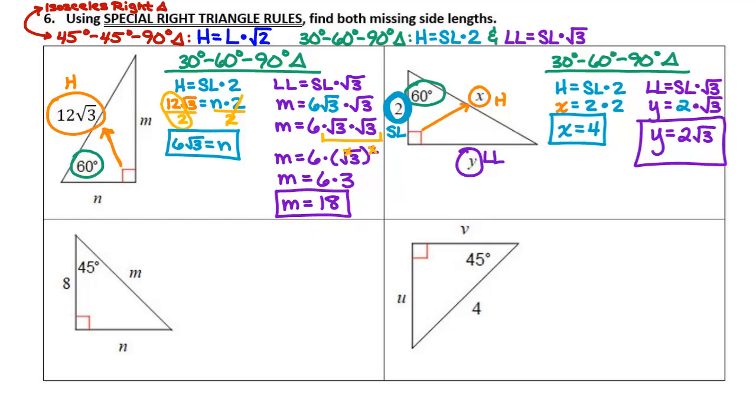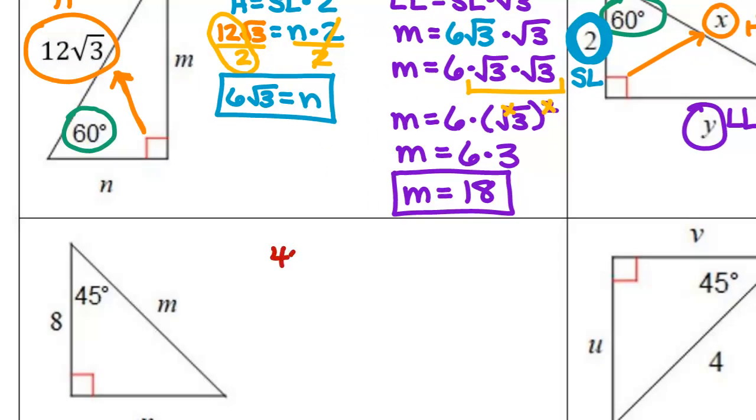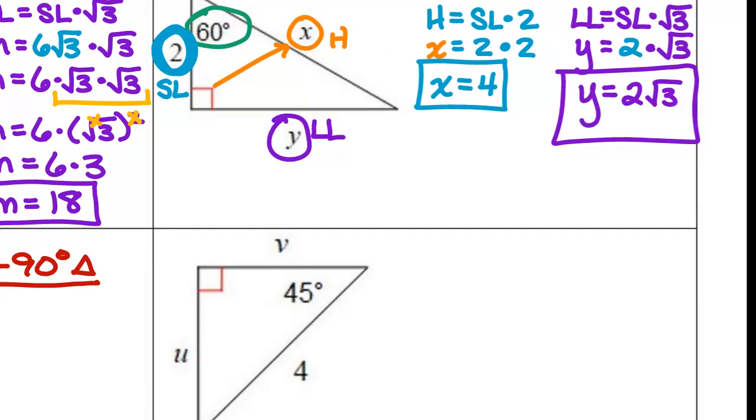The bottom 2 are both what types of triangles? 45, 45, 90 triangles. A 45, 45, 90 triangle is also an isosceles right triangle.